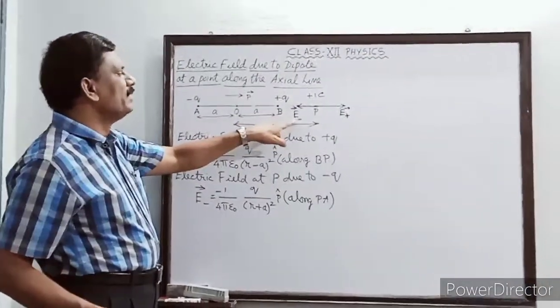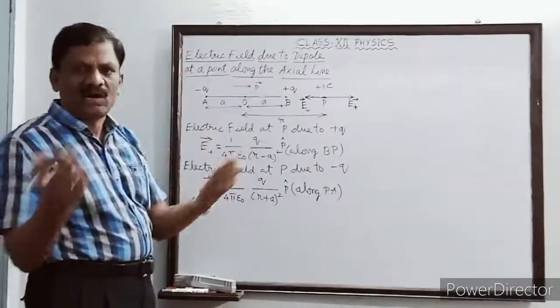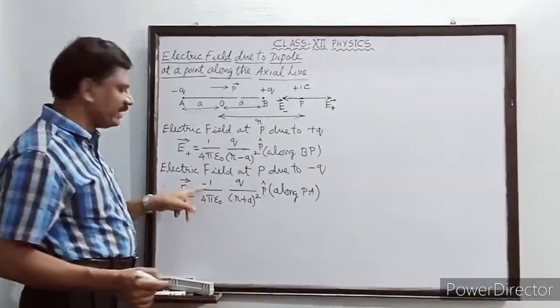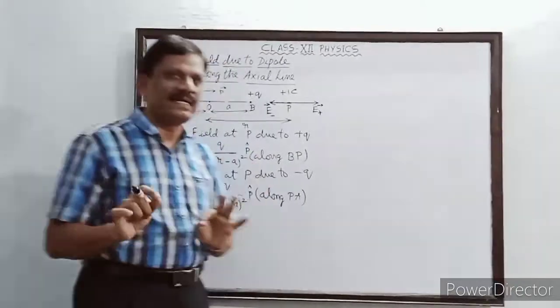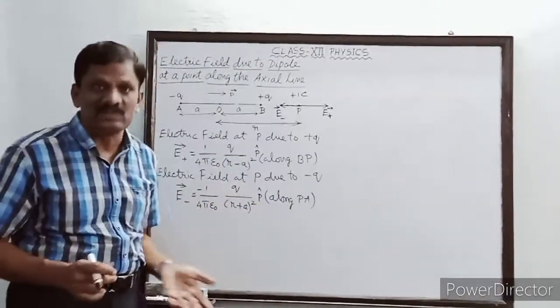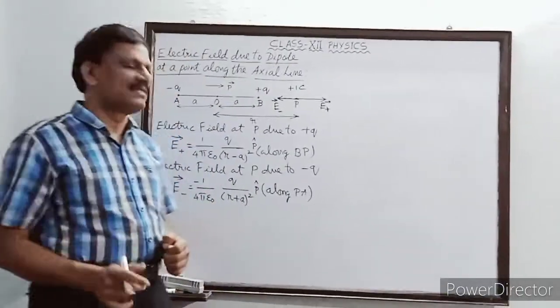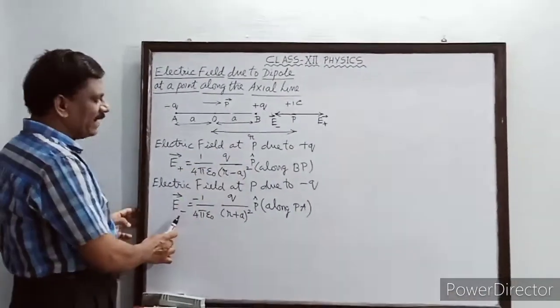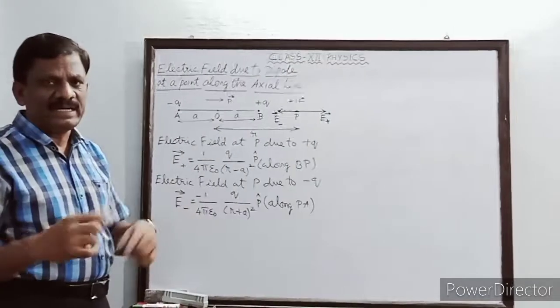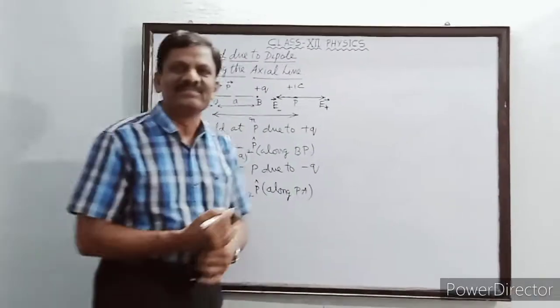Therefore, this E minus vector and this P vector are in opposite directions. Therefore, here I have to introduce the negative sign. This is the only point you have to understand very carefully, why there is a negative sign. This is because the vector P and the vector E minus are both oppositely directed. Have you all understood?